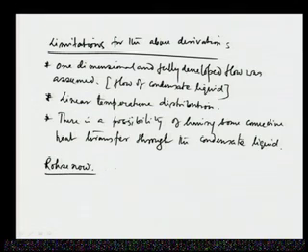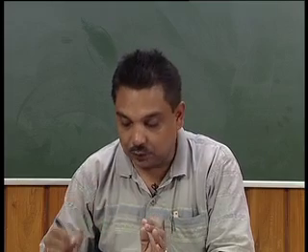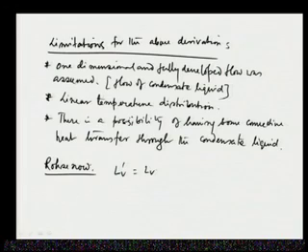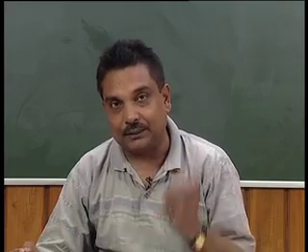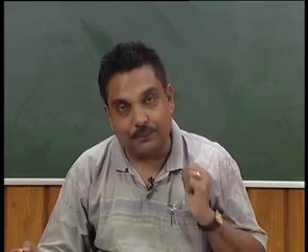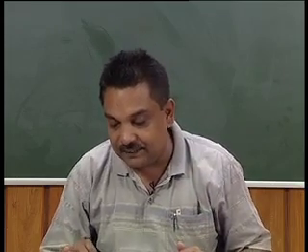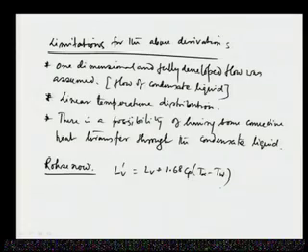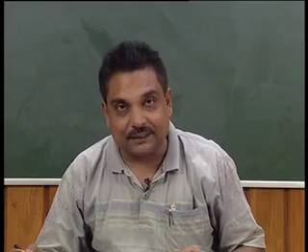He says that the latent heat of vaporization, L_V, can be replaced by L_V dashed, where L_V dashed is equal to L_V plus 0.68 C_P into T infinity minus T_W, where C_P is the specific heat of the liquid.